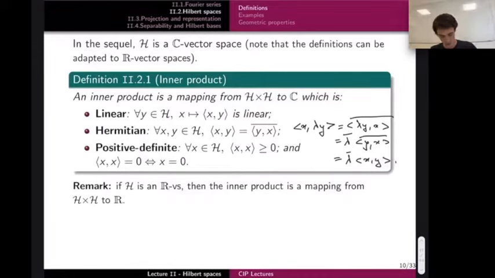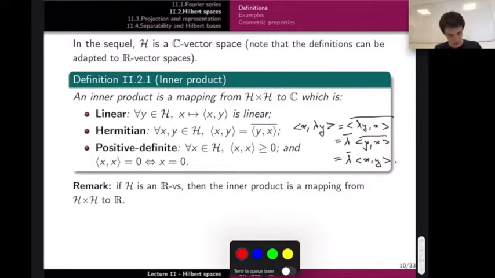So you observe that I do not have linearity, because if I had linearity I would have lambda here, but instead I have lambda bar. Now if you work in a real valued vector space with a real valued inner product, then of course that means that you chose lambda to be real, so lambda bar is real as well, and then you get linearity in both variables. But in C you have to be careful.